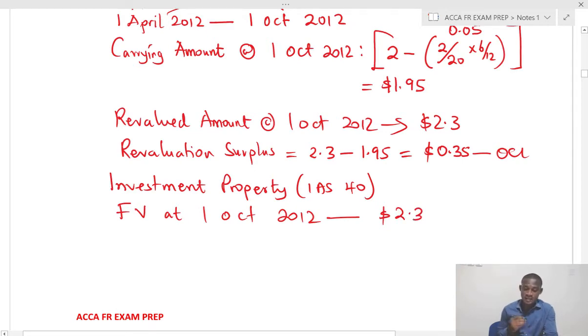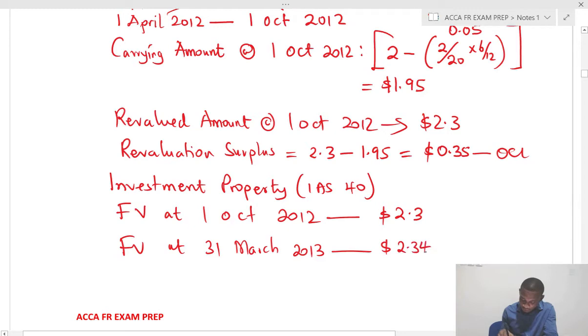And because the entity adopted the fair value model, we need a fair value at 31st March 2013, and that was given as 2.34.